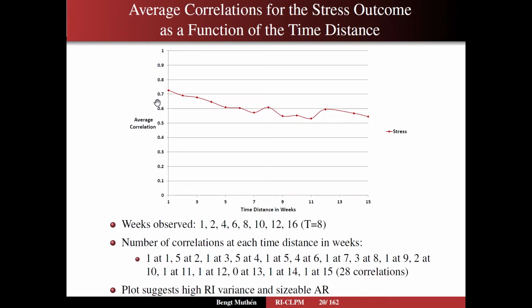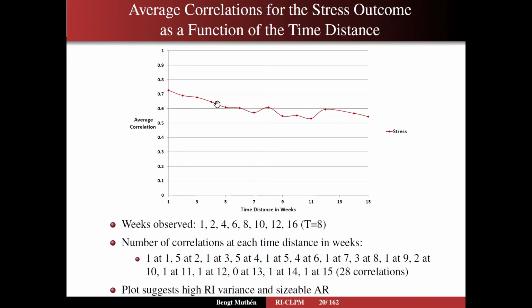So that correlation starts at a little bit above 0.7, and it goes down to a little bit above 0.5, which would suggest that we have a fairly high random intercept variance of 0.5 and maybe a medium autoregressive coefficient of the difference between these two, namely 0.25. Very similar to the bottom left correlation graph on slide 17.